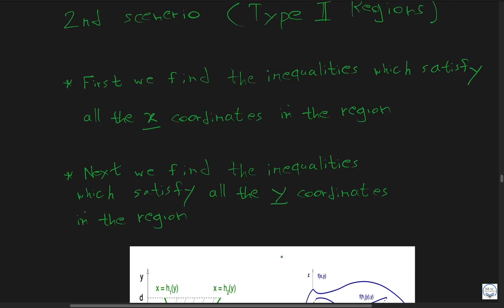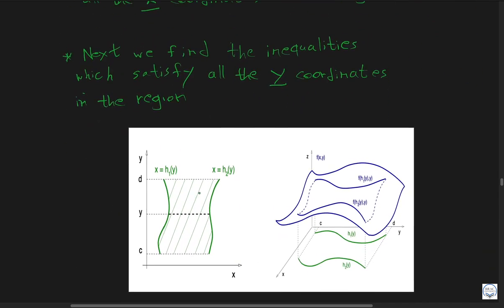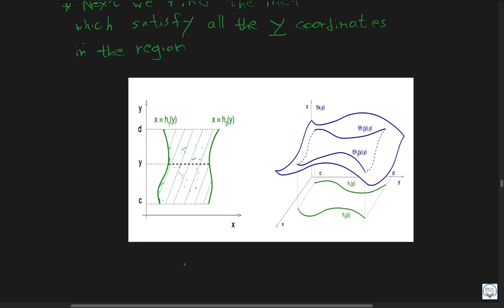Now we'll take a look at type 2 regions. Type 2 regions are those where we write the first inequality in terms of x and the second inequality in terms of y. So let's look at a graphical example to get an understanding. It's very similar to the type 1 regions in terms of logic: all of these points have x coordinates which are greater than or equal to the x coordinates of this particular curve.